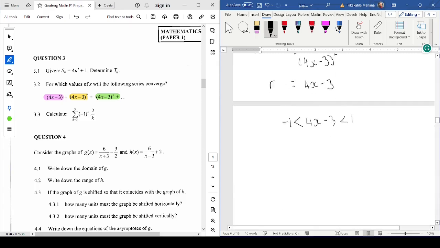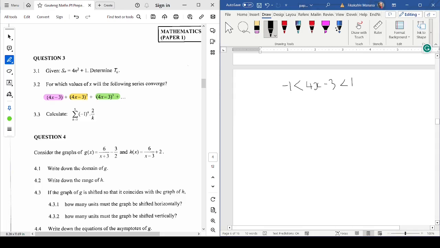Okay, so what happens from here? From here, we'll take the 3 to the other sides, so that we're left with 4x less than, so what's 1 plus 3? We get 4, right?